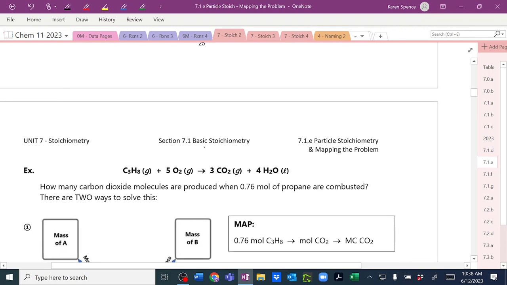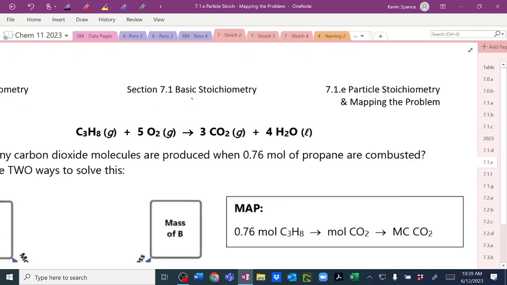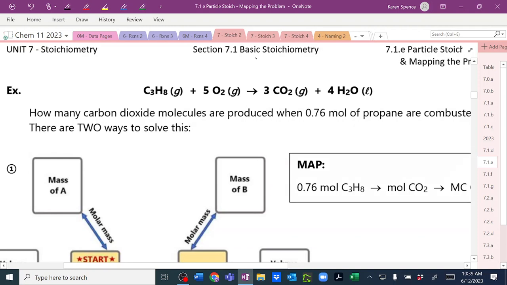We have a reaction here. We are burning some propane. How many carbon dioxide molecules are produced when 0.76 moles of propane are combusted? So we are starting with moles of propane, which is C3H8, and we want to finish with the number of CO2 molecules.